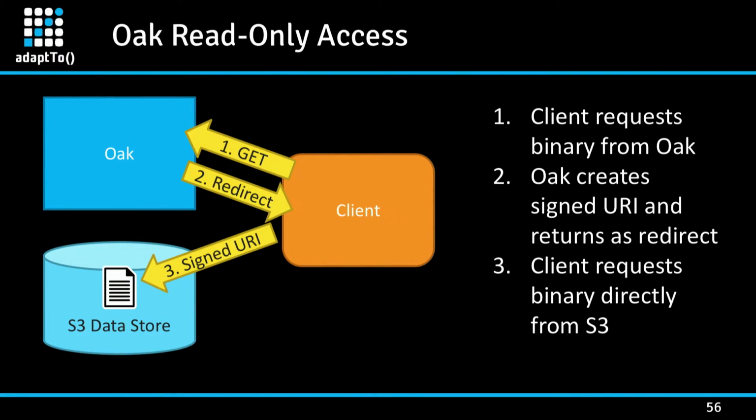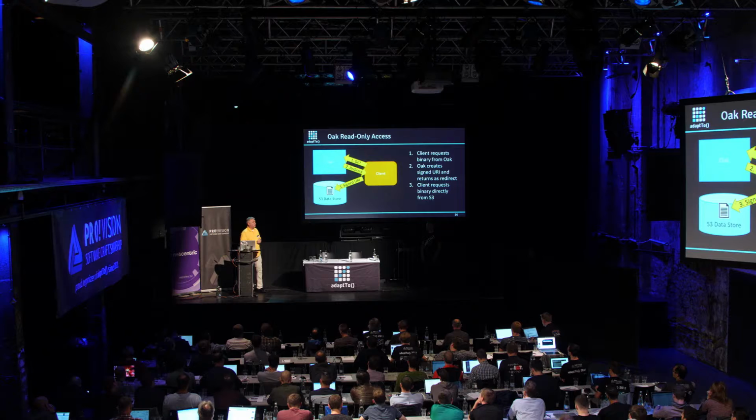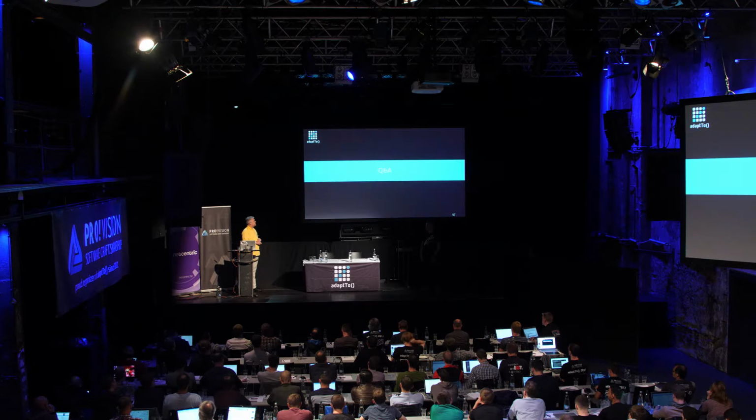So that TTL would probably be configurable, but then the client gets to access that directly from the data store. One thing that's really nice about this is this offloads resource consumption from Oak, because now the binary is not going through the Oak JVM, but rather going directly from your S3, for example, in this case, to the client without going through the Oak instance.